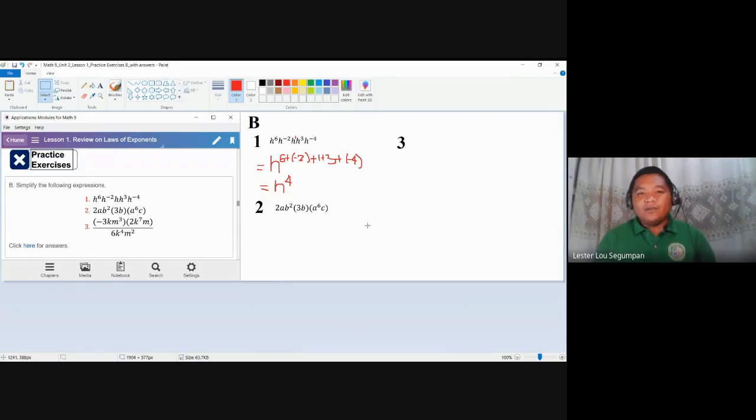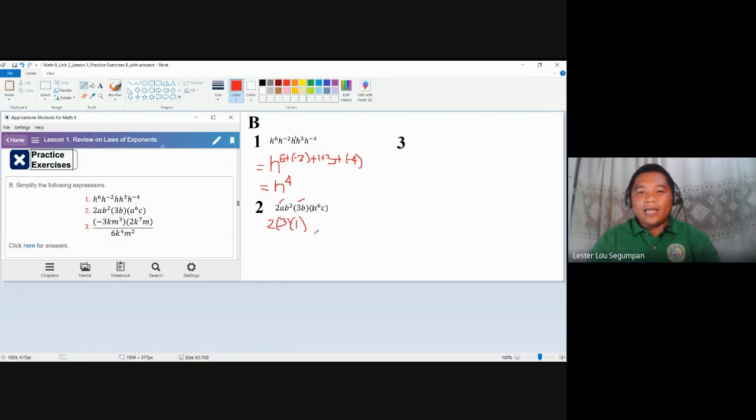As for the literal coefficients, we will now apply the different laws of exponents, specifically here, the multiplication law. So we start here with this expression. So you have 2 times 3, because these are the numerical coefficients, times 1. Don't forget that this third expression also has 1 here as numerical coefficient.